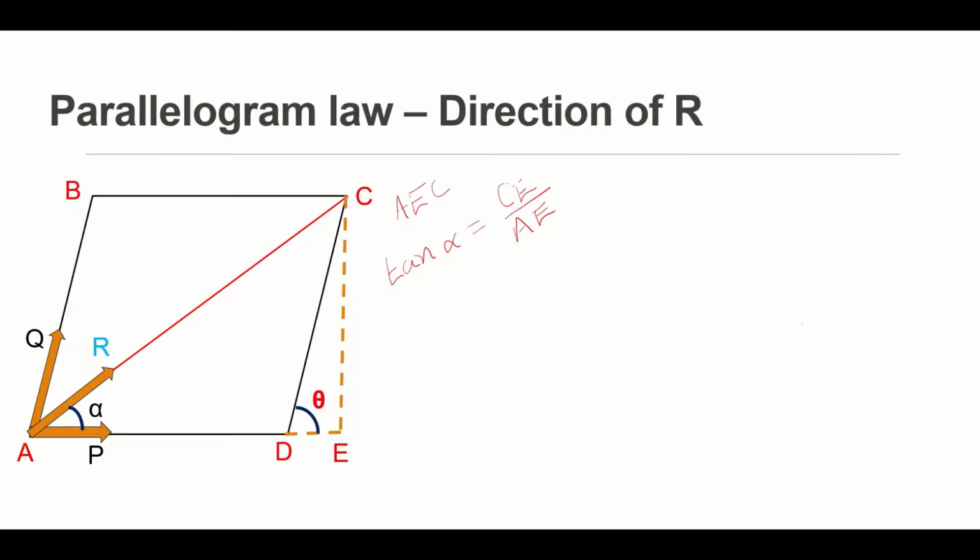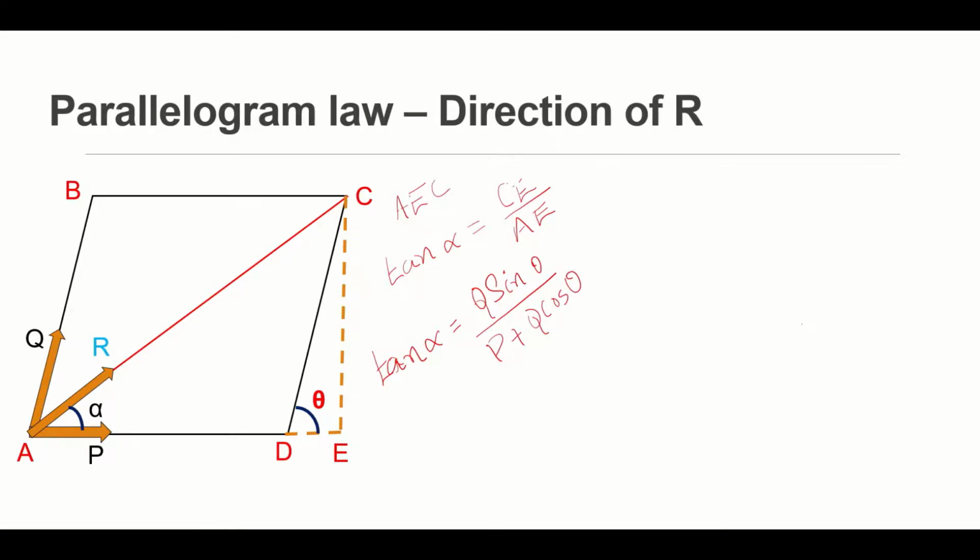And CE is Q sin theta. So definitely tan alpha equal to EC is Q sin theta divided by AE is AD plus DE. AD is P and DE is Q cos theta.